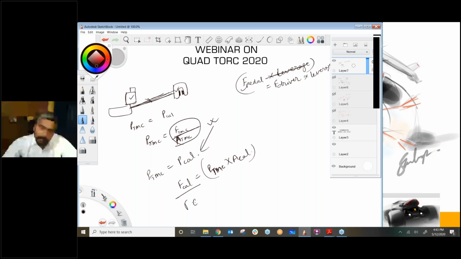So torque at the rotor will be equal to torque at the shaft, and that all will be equal to torque on the tire.